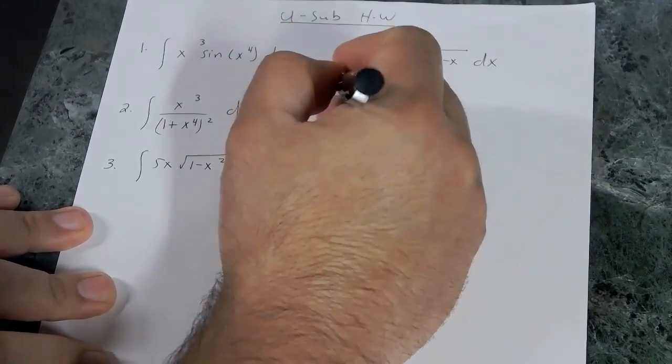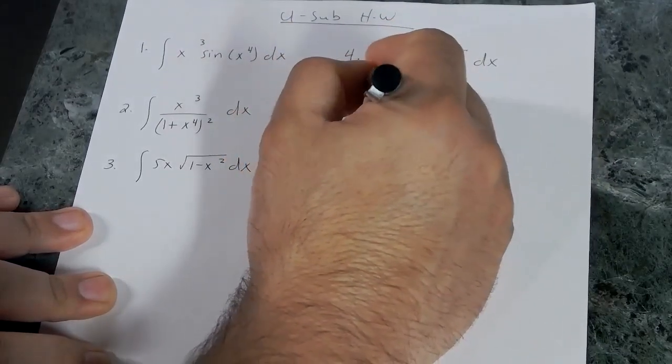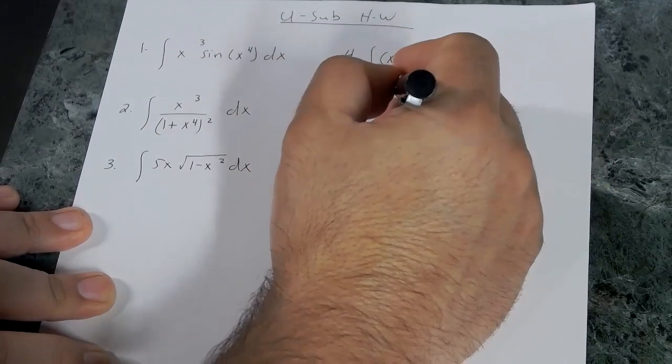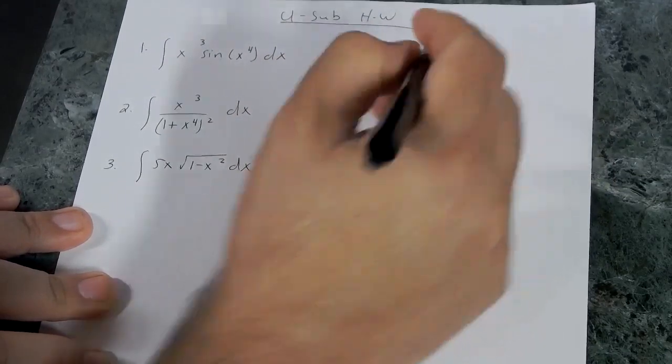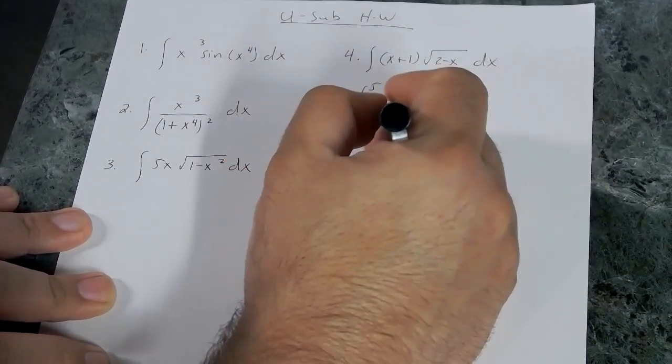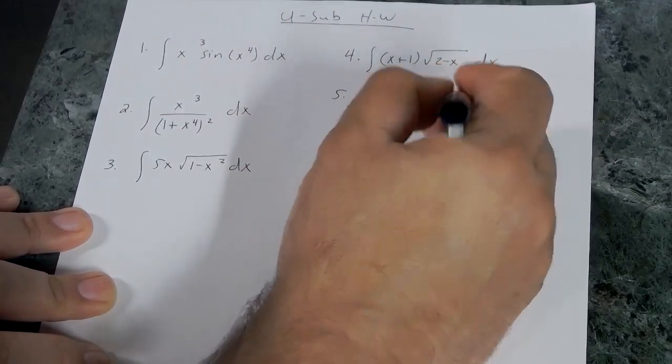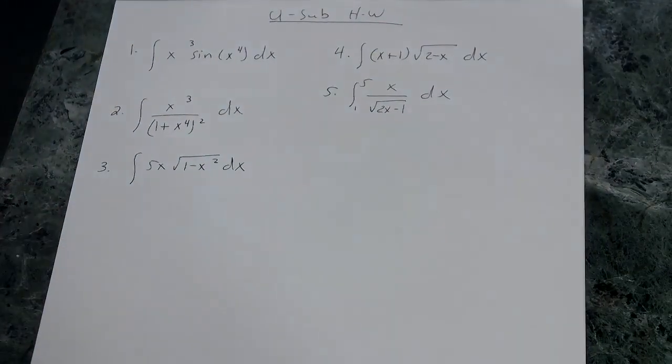And finally, integrate from 1 to 5 x over square root of 2x minus 1 dx. So this is the homework assignment that I would like you to submit via Google Classroom.